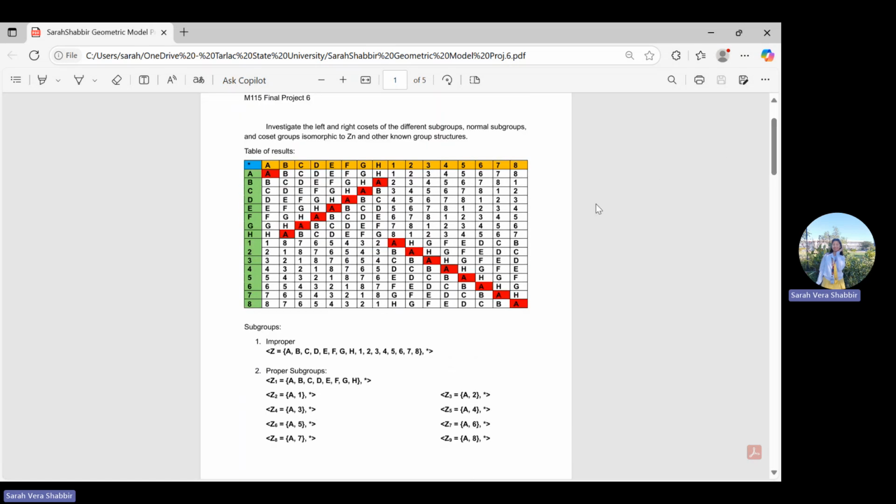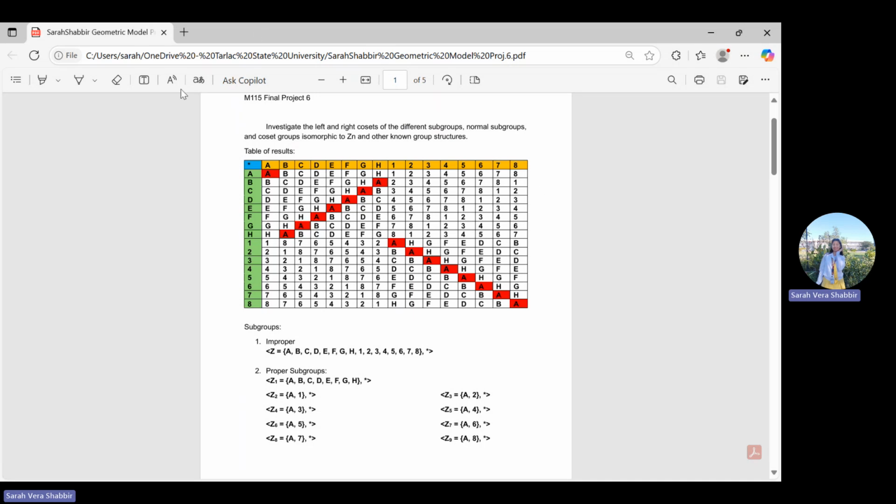As we can see here, the table of results shows that the identity element is the letter A. It doesn't show a symmetry, but it is a group. It forms a group structure because the table of results shows that it is closed. It is associative when we turn it 180 degrees, and it has an identity element of A and an inverse of each element.